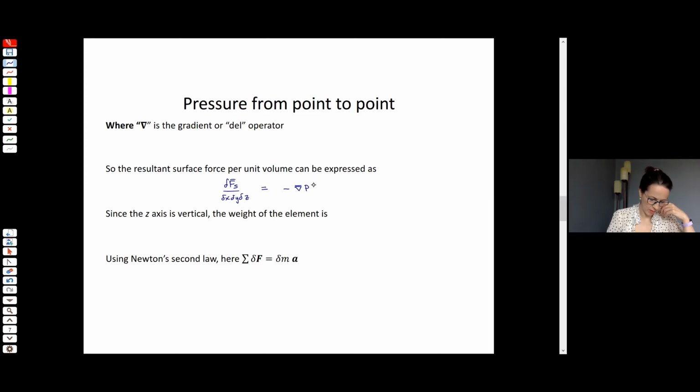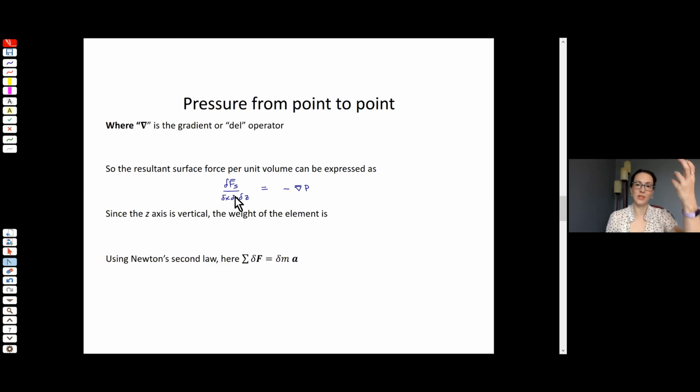So let's talk about these terms a little bit. Here is our sum of the surface forces due to pressure on our cubic fluid element, in the X, Y, and Z directions. And in the denominator, we've got the volume of our infinitesimal little cube: its length in the X direction, its length in the Y direction, and its length in the Z direction. And that's equal to the gradient.